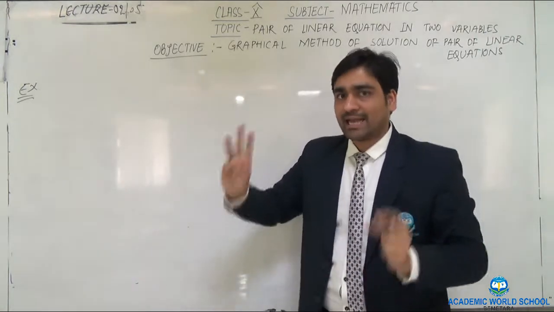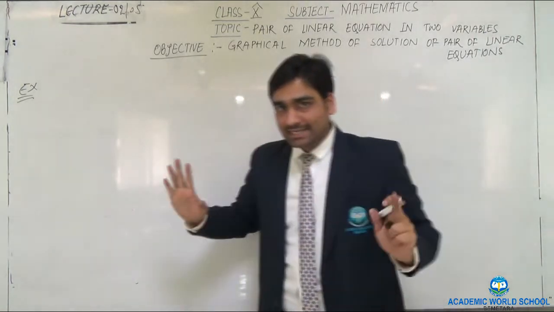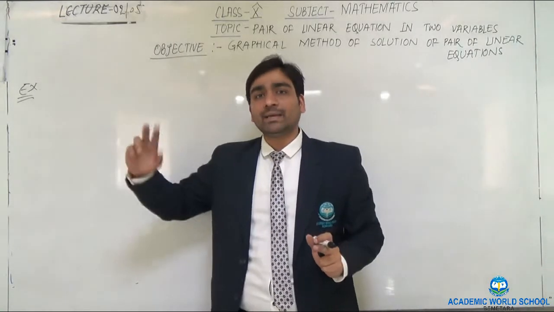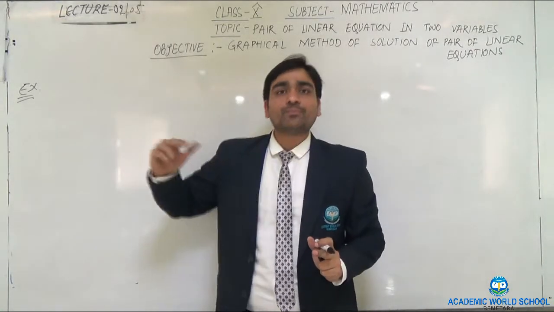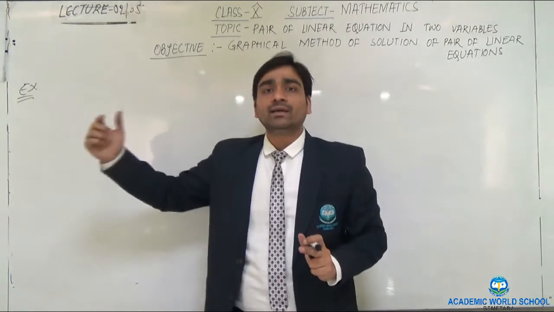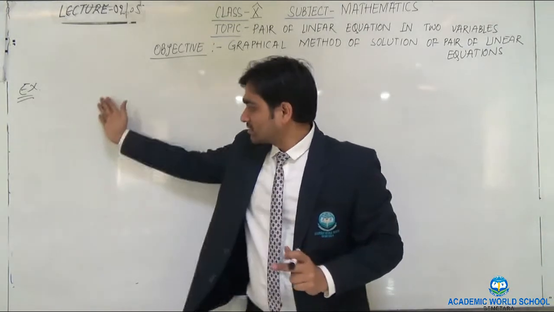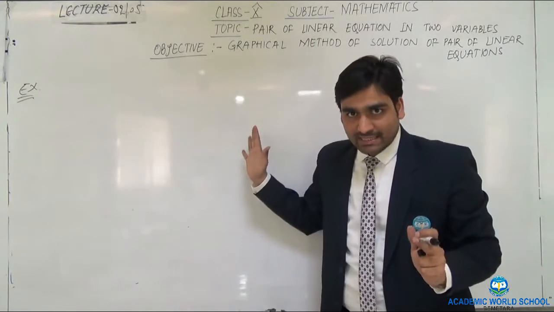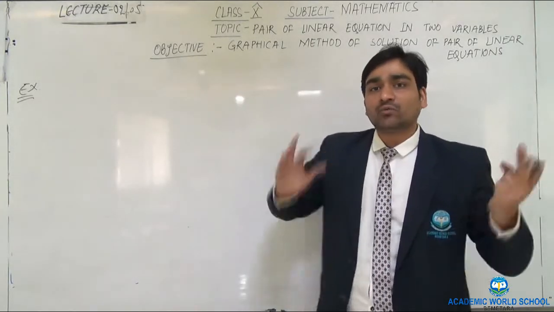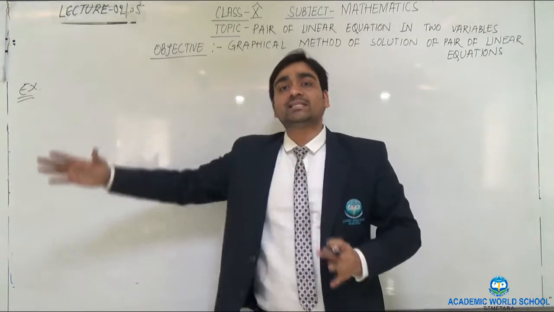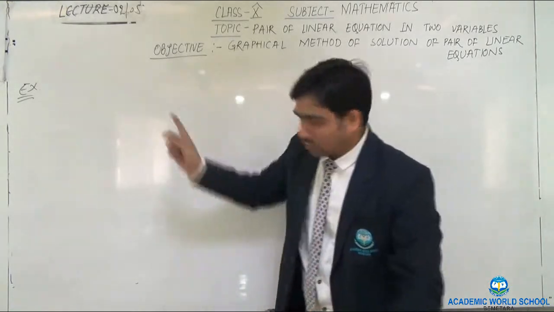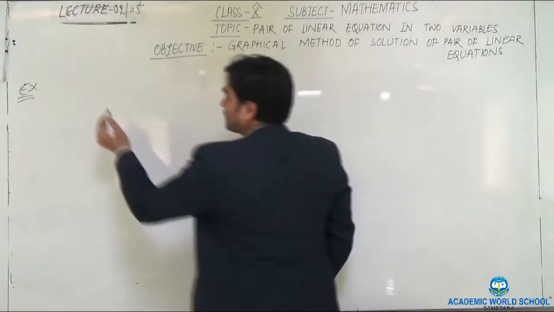Three conditions I have explained: two lines may be intersecting, or may be parallel, or may be coincident. So what will be the condition for that? First we will see the graphical representation, then I will explain what the condition is for these lines. So now see one example I am writing.